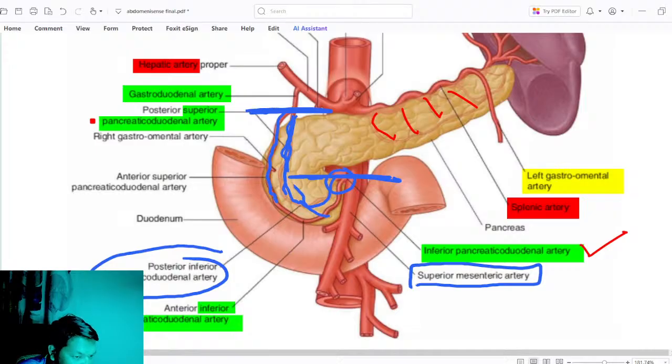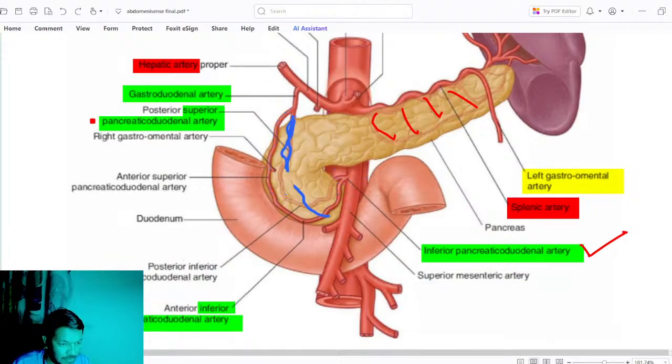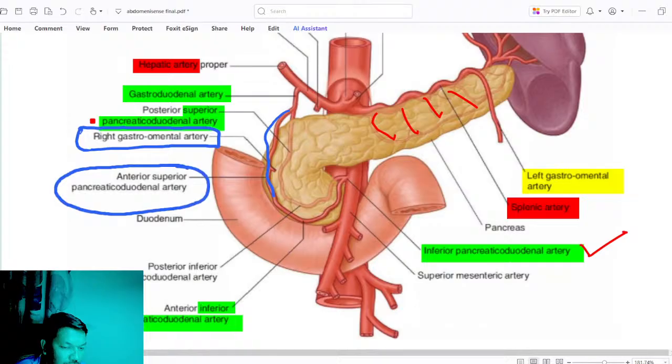Superior but anterior, superior but posterior. And these branches inferior but anterior, inferior but posterior. So inferior joining with superior, anterior joining with anterior, posterior joining with posterior. Specifically, the right gastroepiploic artery is coming from the anterior superior pancreaticoduodenal artery.